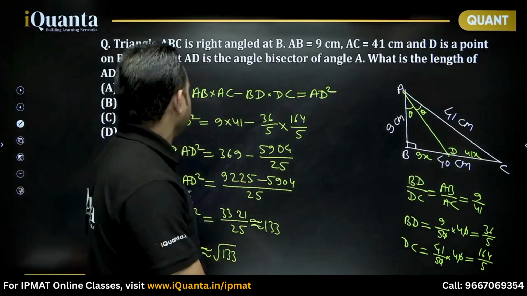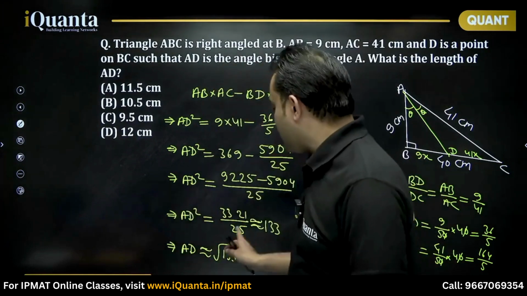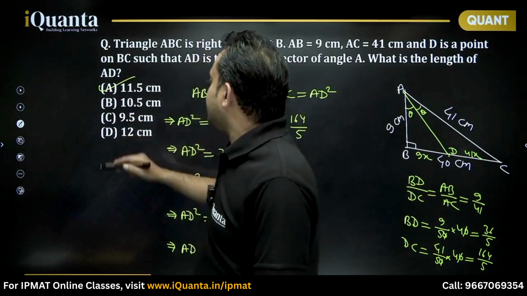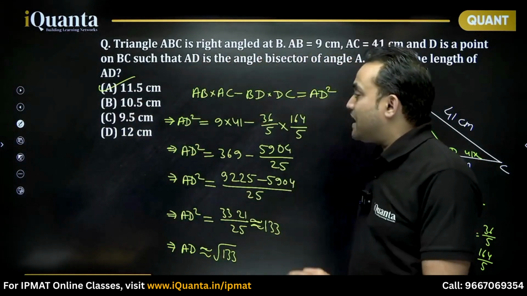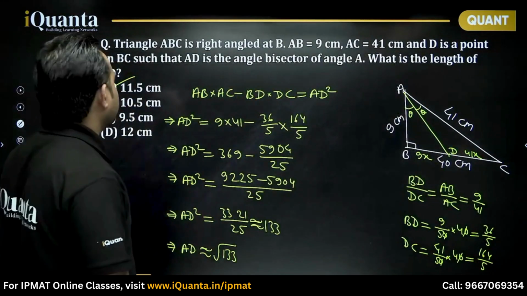Now 121 square root is 11, 144 square root is 12. So this value will be between 11 and 12. If you check the options, only option A is between 11 and 12. So our answer is 11.5 centimeter. So this value is approximately 11.5 centimeter.